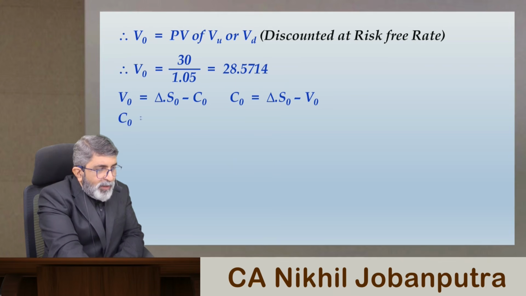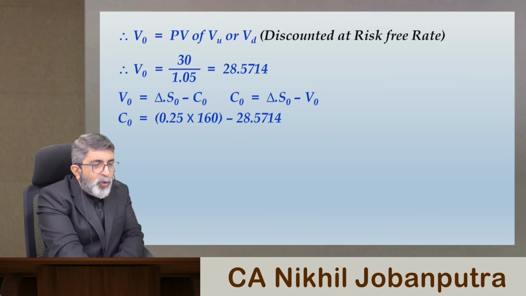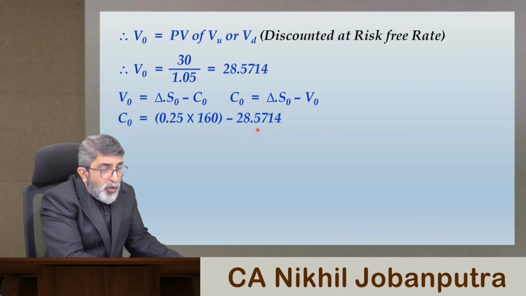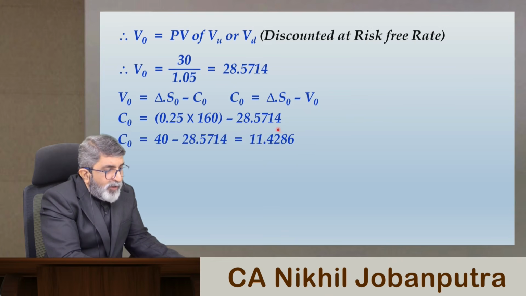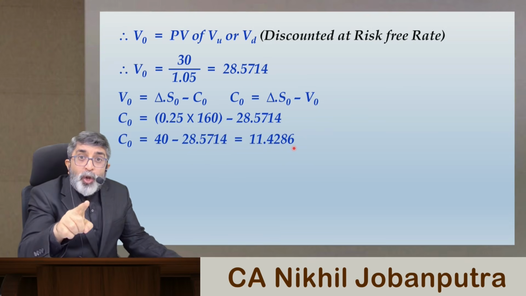So value of call will be 0.25 into 160 minus V0, that is 28.5714. When you do this calculation, what you get is exactly 40 minus 28.5714, that is 11.4286. That was the value of call option, correct?